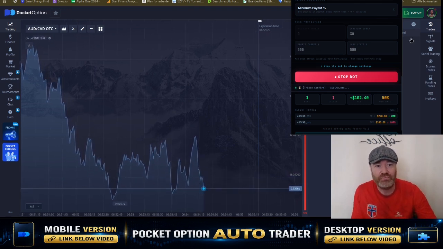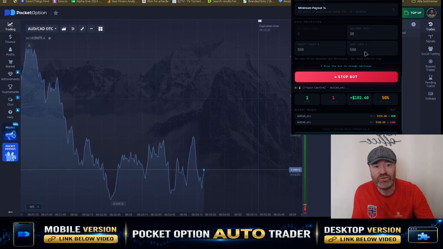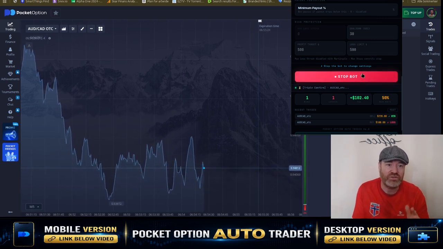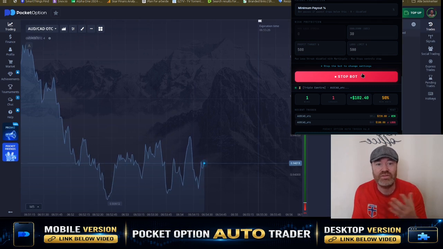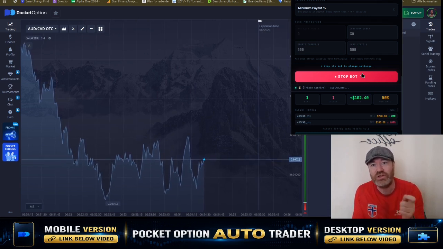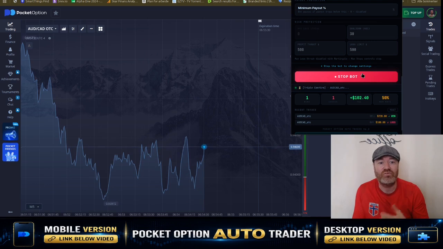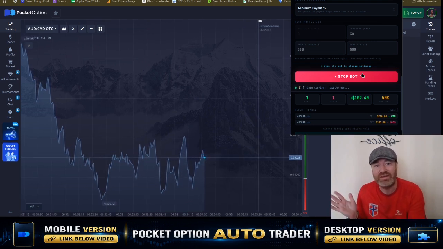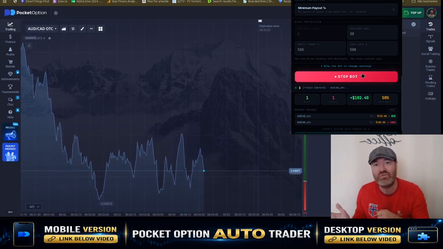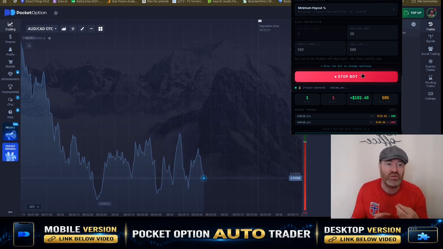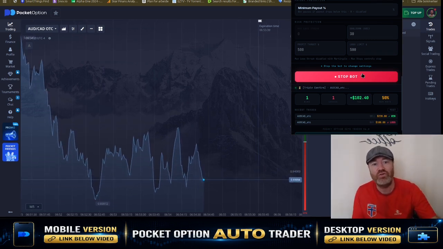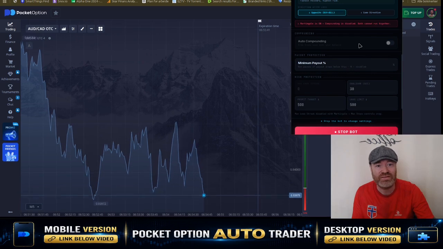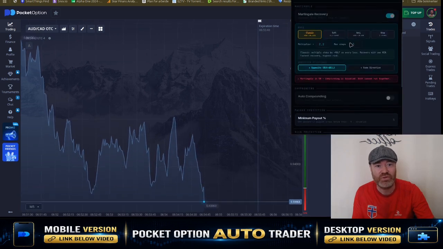Also, you see I have put a loss limit of 500. This is also a protection. You don't need to do it, I don't need to do it, but it's up to you to put the protections you feel for. So if you don't want to lose more in a trade that goes against you, for example with martingale, that's a nice way to do it. Then you ask yourself, why can't I do that in the steps instead? You have the steps, how many steps you want to do.